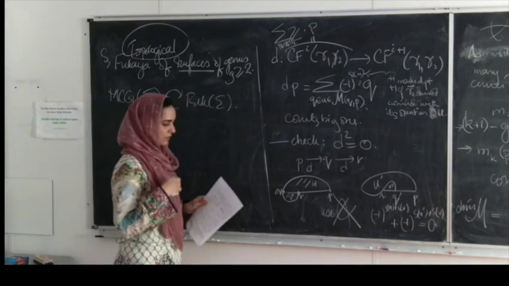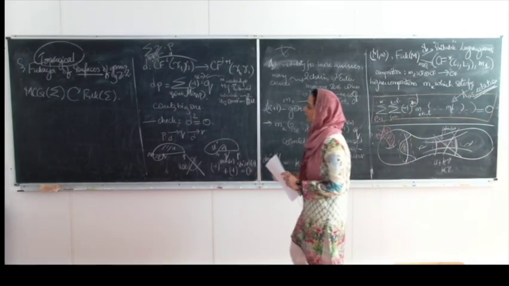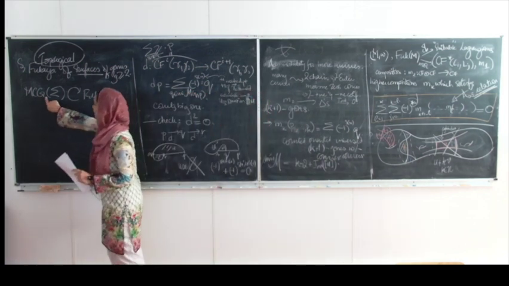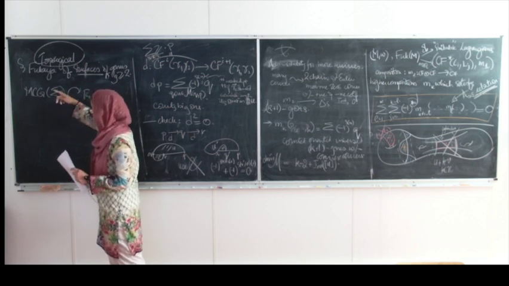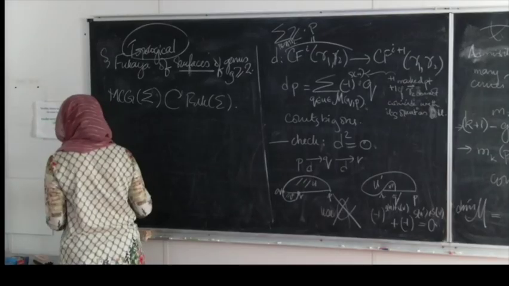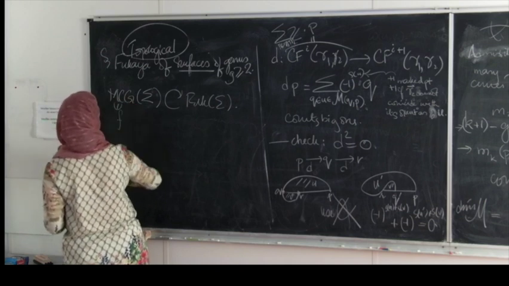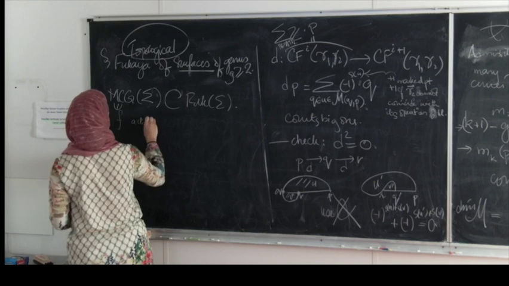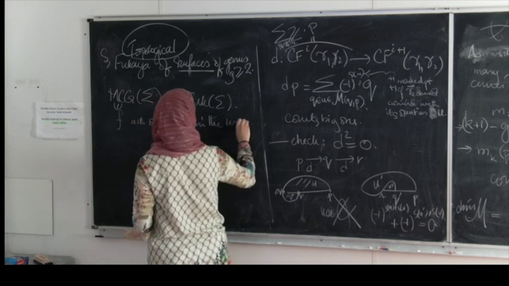It acts by sending sigma to itself, and so by way of sending sigma to itself, it sends a curve to another curve in sigma. So f in the mapping class group acts on curves in the usual way.